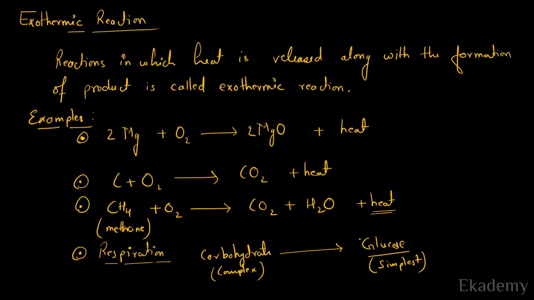In our cell, this glucose reacts with oxygen to form carbon dioxide and water, and it also liberates heat energy. Chemically, glucose is C6H12O6. This is the chemical formula of glucose.